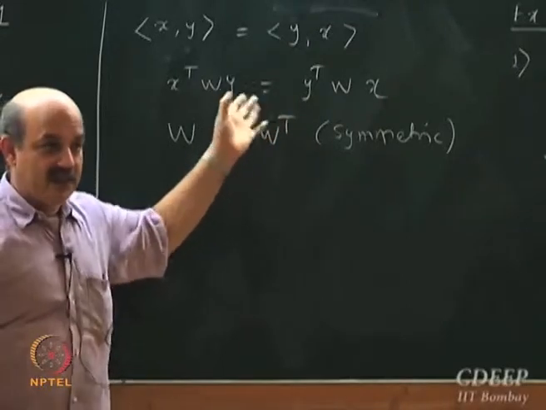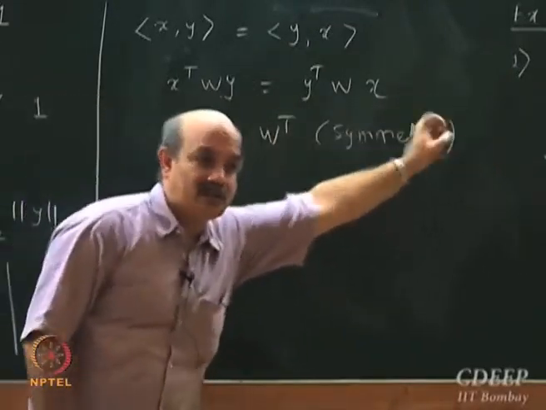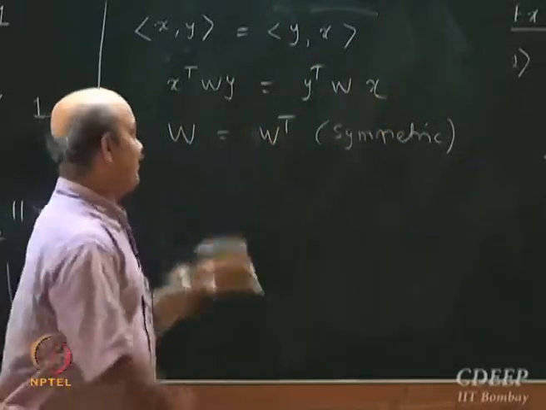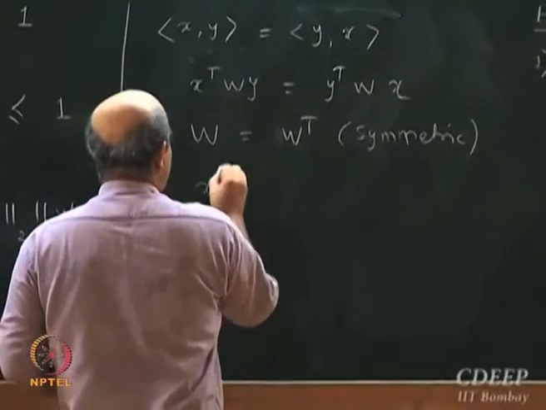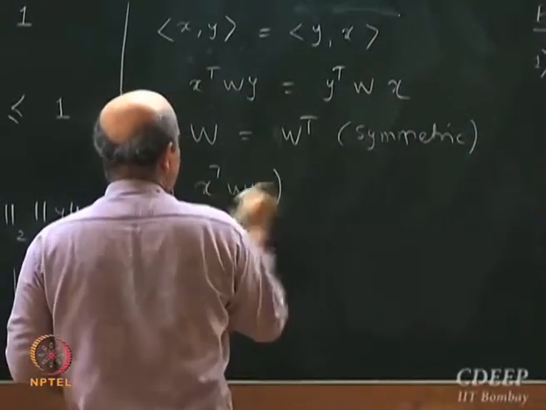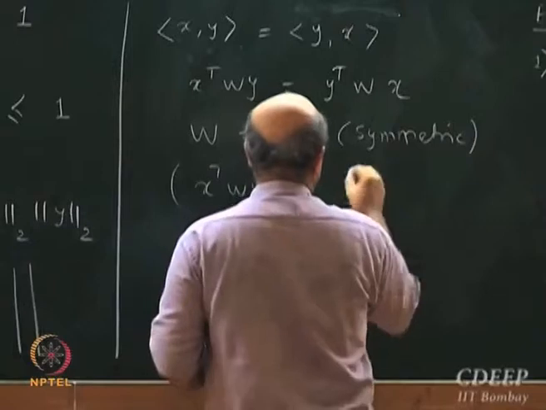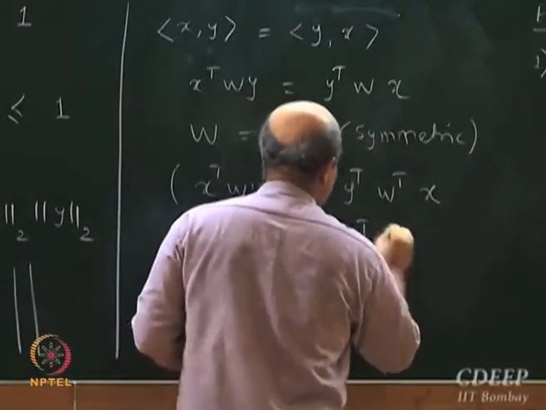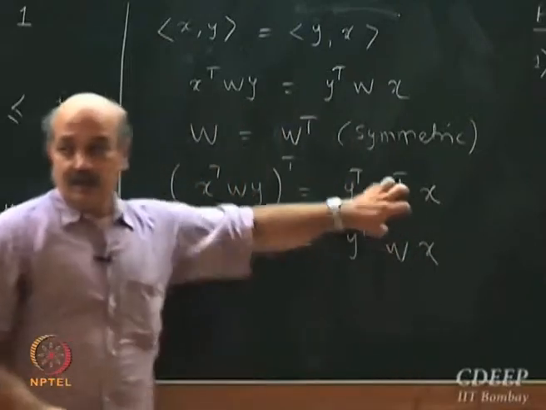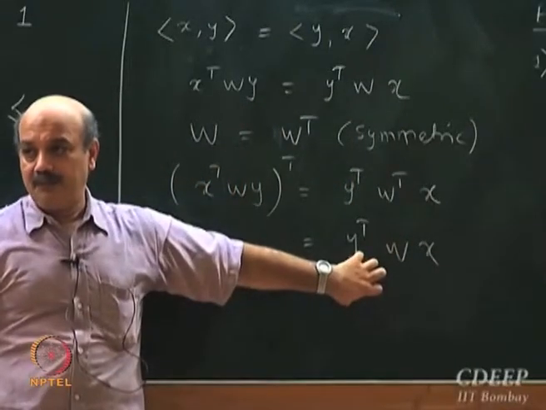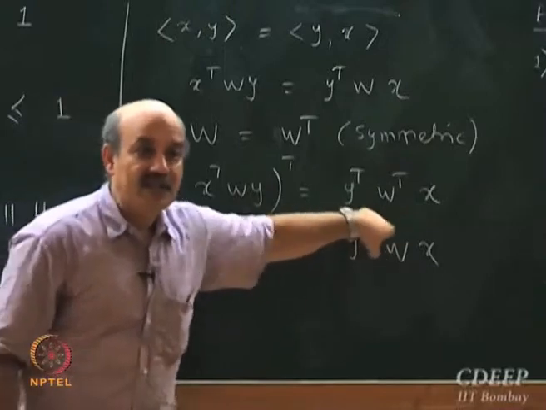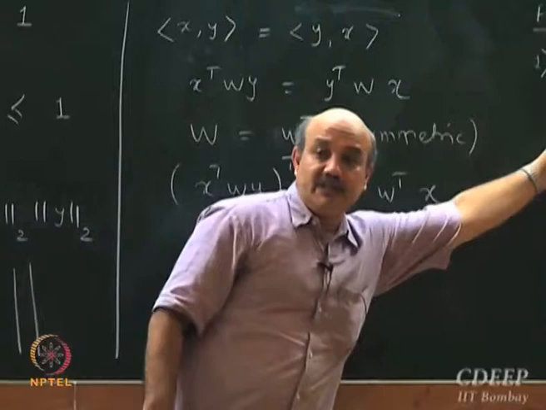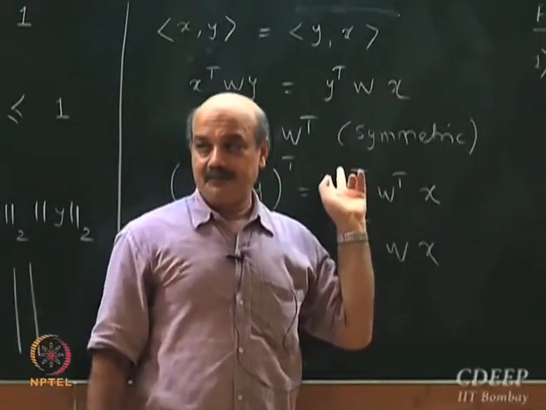So this matrix being positive definite is not sufficient. It should be a symmetric positive definite matrix. Then what will happen if I take x transpose W y transposed, that is y transpose W transpose x, which is y transpose W x, because W transpose is equal to W. So symmetry is very, very important. I need a positive definite matrix and a symmetric matrix.